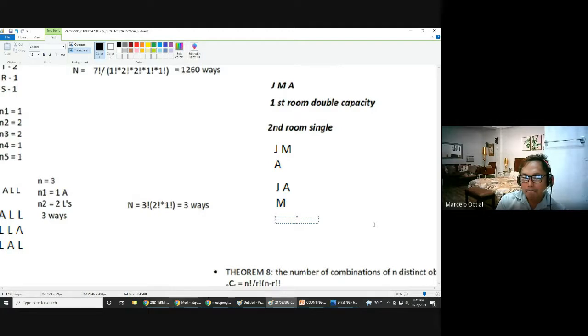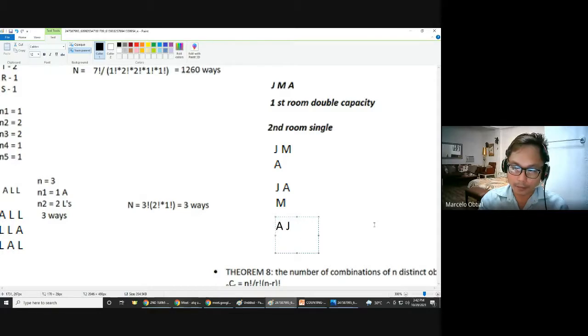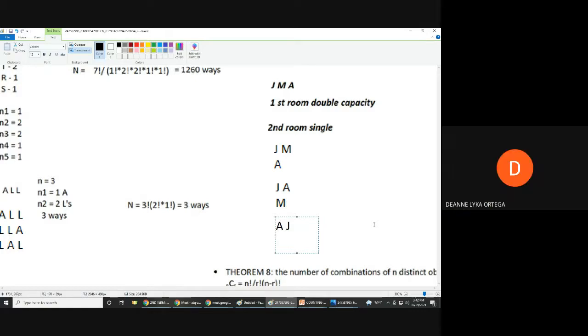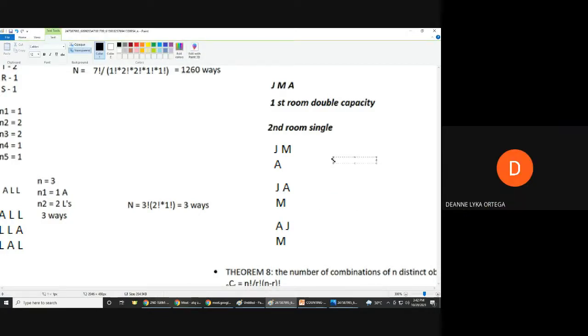What else? First room. A and J. Okay, A and J. Then M still. Okay. Next. Is there more? M and J. Okay.